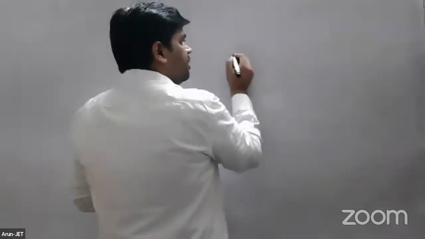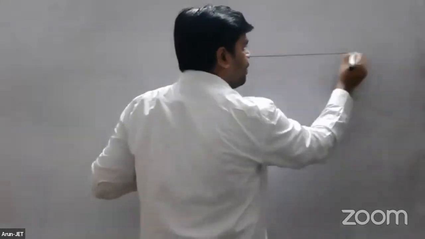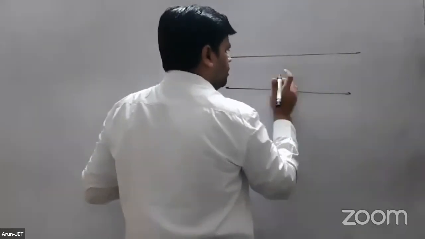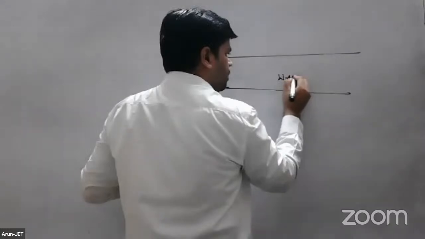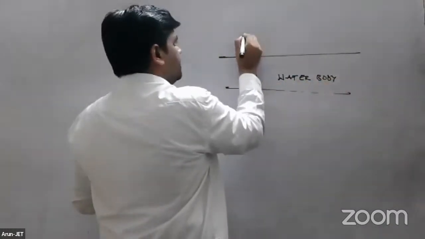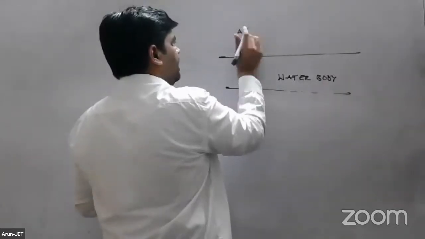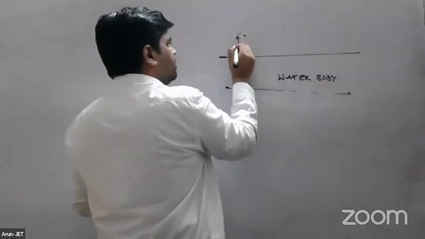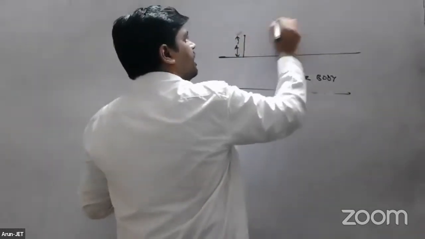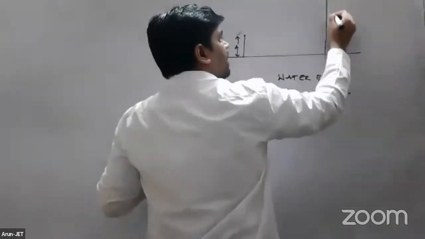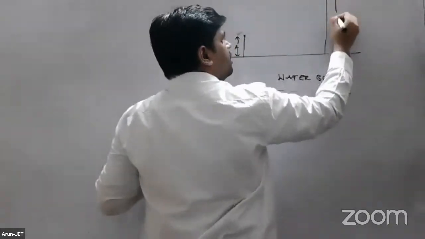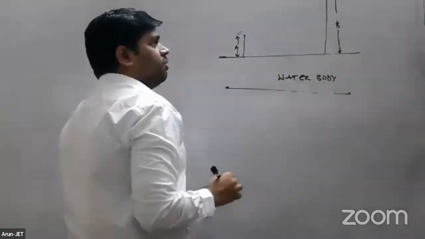But look at the problem now. I have a river. All right, some water body. Now there is a point A here, at a distance of A from the water body. There's point B here, at a distance of B from the water body. Now what is required?